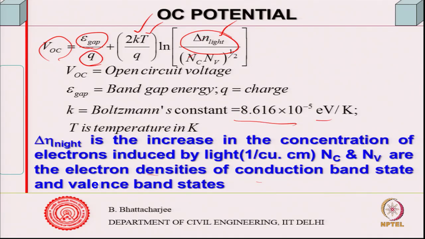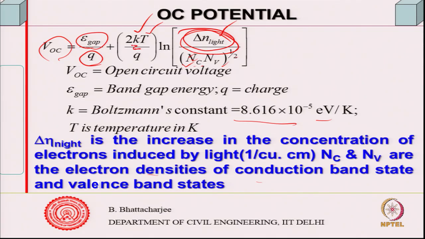Now, you can see that this is actually dimensionless. These are the electron densities because of the light. This is also the number of electrons or electron densities, both in the conduction band and valence band, therefore root over, multiplied by 2. So, this is dimensionless anyway.